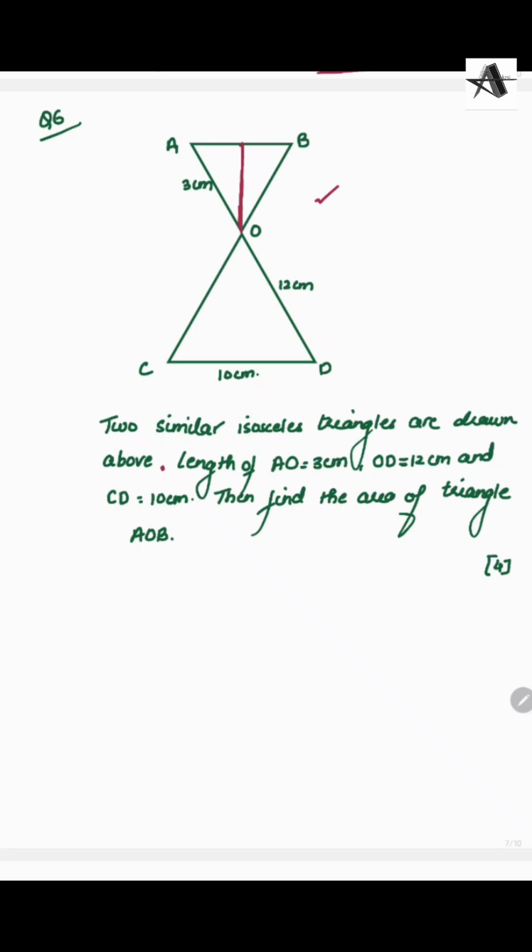Now we can move. That means their sides would be in ratio. At least we should know what's the height of this cone, the bigger triangle. So to calculate height of bigger triangle, here this is 40, this is 5, and we have to calculate this height.